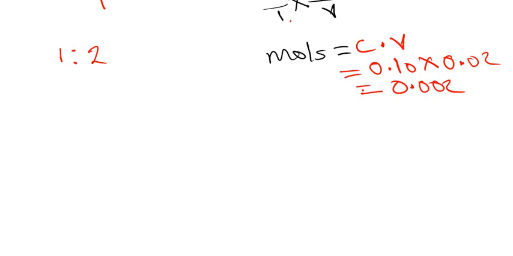So using the ratio given, we can calculate the moles of magnesium which were actually involved in the reaction we are dealing with. We say if one piece of magnesium is able to react with two pieces of hydrochloric acid, then X number of magnesium will react with 0.002 of hydrochloric acid.